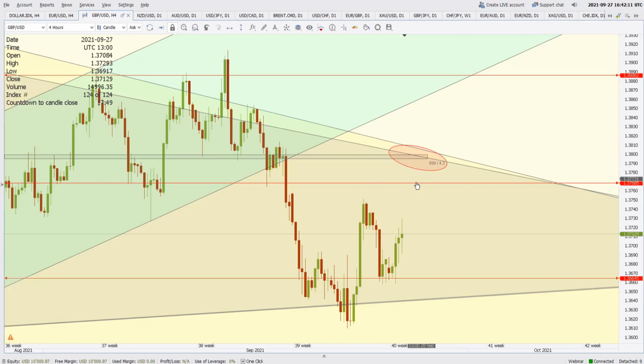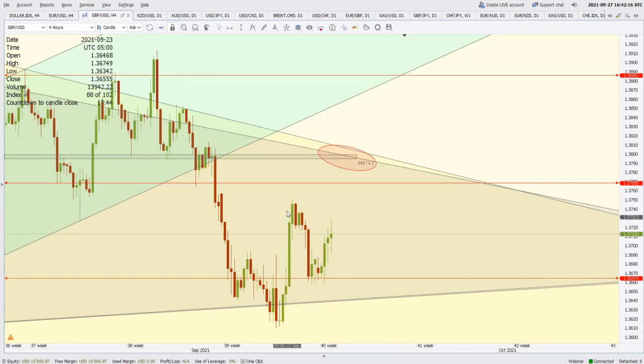But 1.3768 is what I am more interested in, because after making this high here, the price has failed to make a lower low. So it may be like the price is trying to take this resistance as fresh support now and is trying to push higher. So maybe 1.3768 will be tested once before we see the price moving lower or maybe breaking higher.